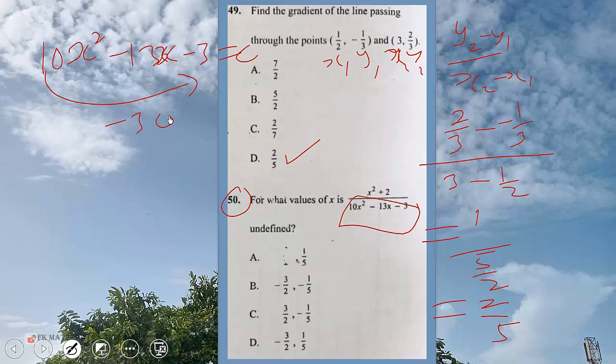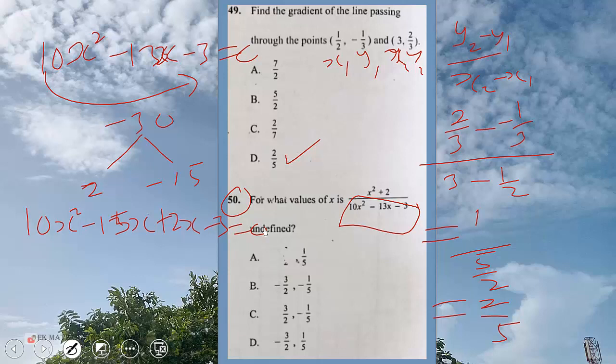We have 2 and negative 15. When we add this, we get negative 13. When we multiply, we get negative 30. So 10x squared minus 15x plus 2x minus 3 is equal to 0.